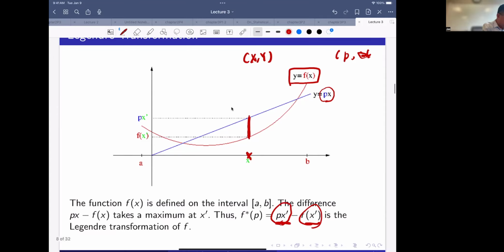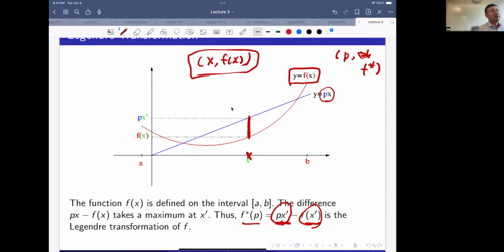That means this is f star. So here we have x and f of x, that's one way to write a function. The other one is p and f star of p, right? So that is the dual.